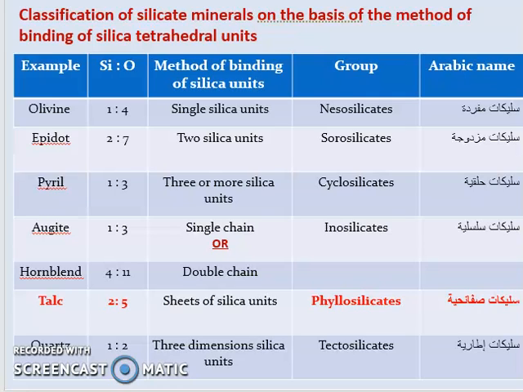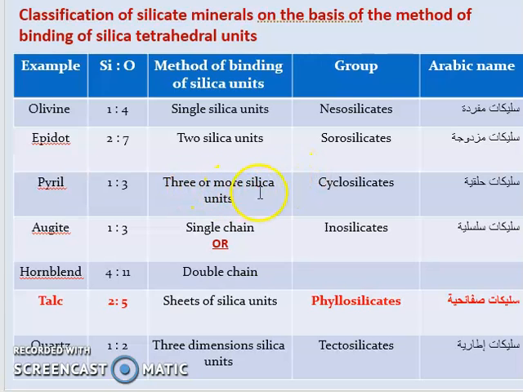Actually, in nature, there are different types of silica tetrahedra. Actually, there are 6 types. The first is a single silicate unit, like we discussed previously, called nesosilicate, and maybe 2 silicate units, called sorosilicate. How 2 silicate units? I will show you how they combine to each other.